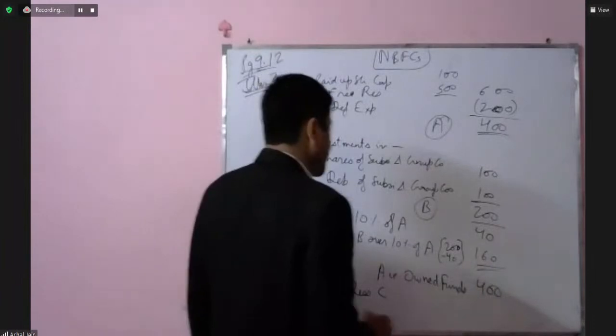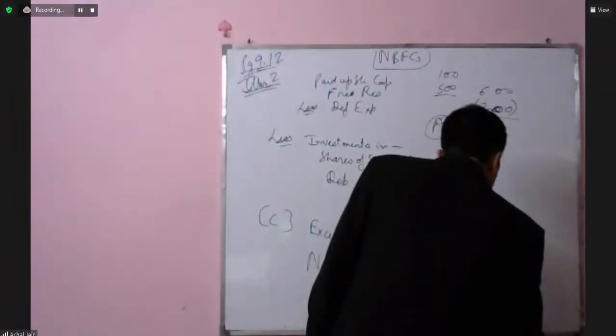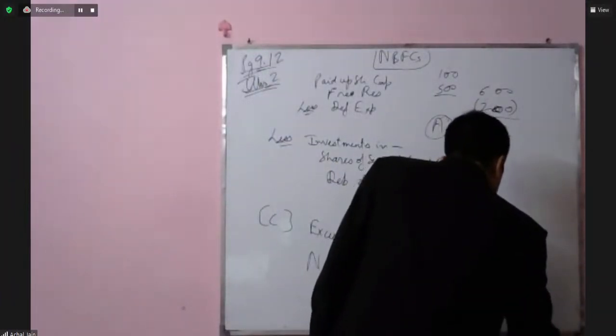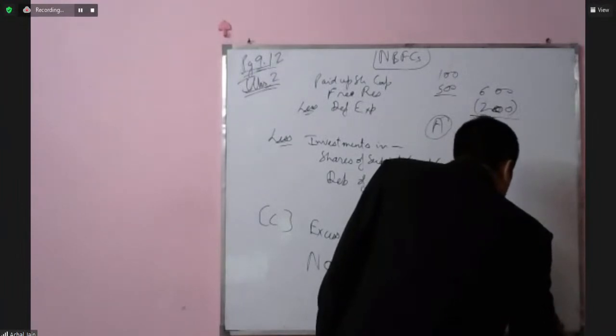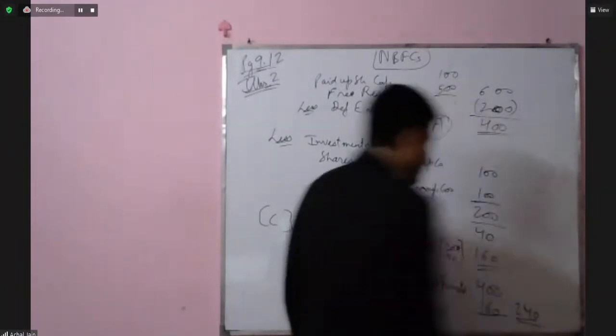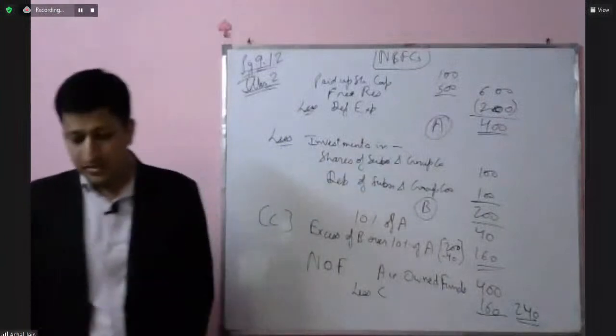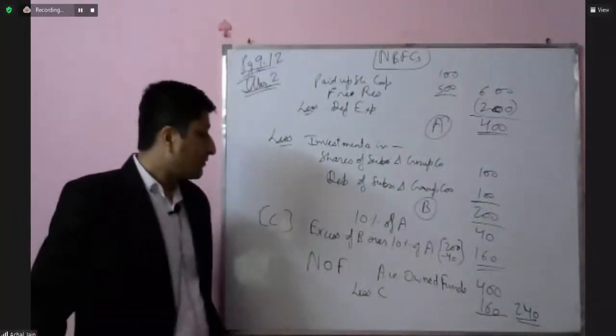Less, what is C? 160. So what do we get? 240. 240 is what we get in case of net own funds.